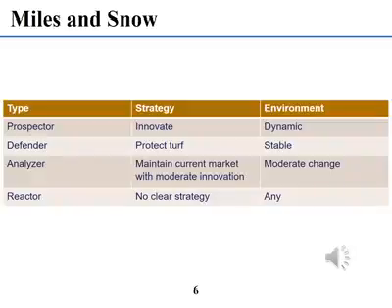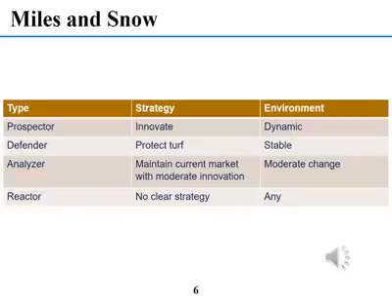Reactor organizations have no clear strategy. They tend to exist in any type of environment, but they're always reacting to what's happening. So rather than pursuing an intended strategy, they always end up reacting to something that's happened, possibly reacting to what the competition has done.